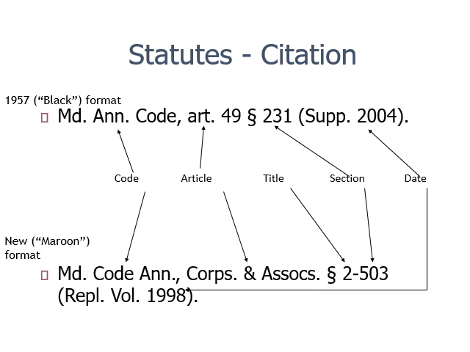A space, the volume number, followed by a space, the section symbol, followed by a space, and then the section number. The date of the statutes in action will be in the parentheses, 2004, followed by the period.